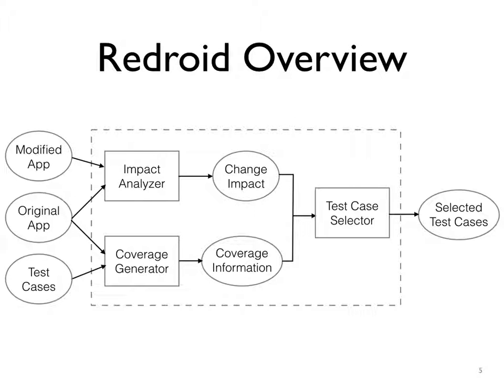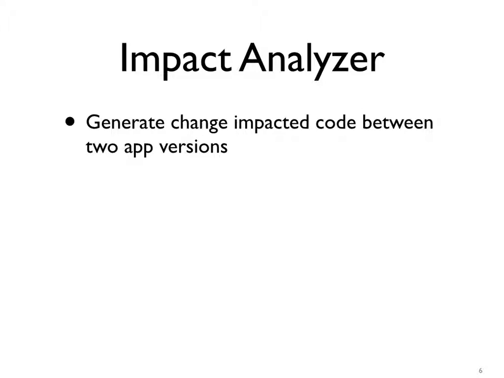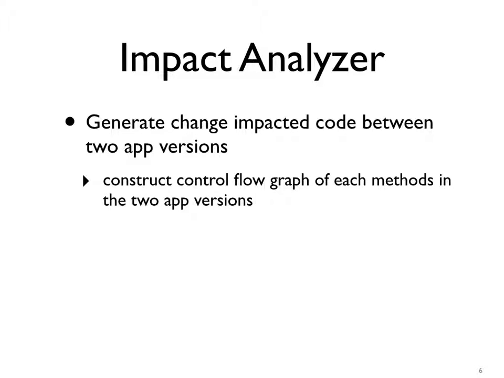This is an overview of our approach. There are 3 main components in the framework: impact analyzer, coverage generator, and test case selector. Impact analyzer generates impacted code that contains changes between the 2 versions. It first constructs control flow graph representations of the methods in the 2 app versions.